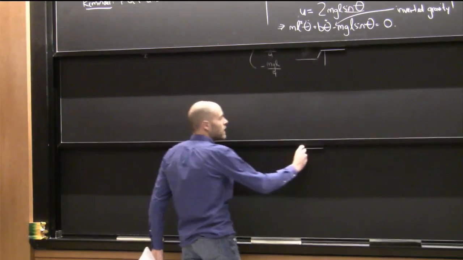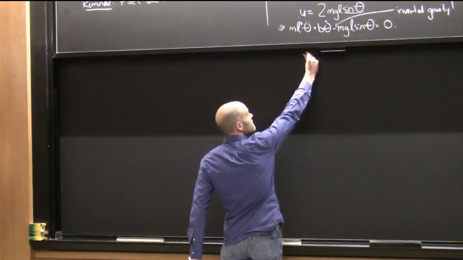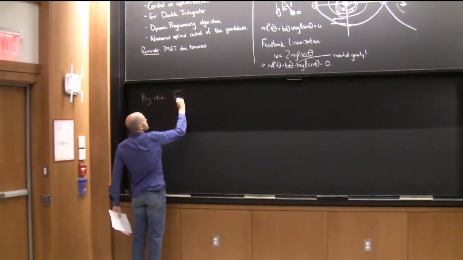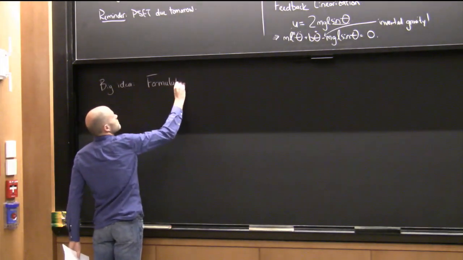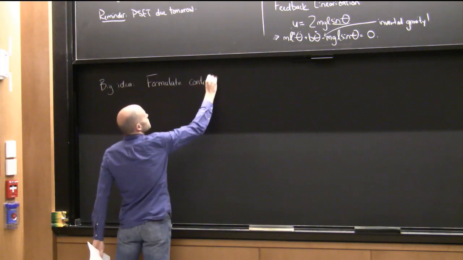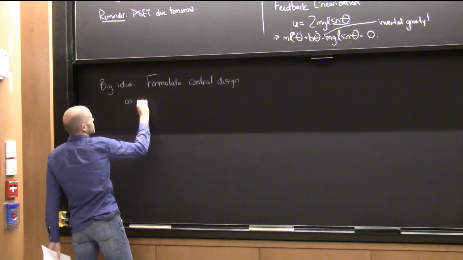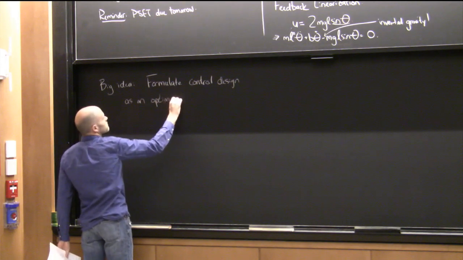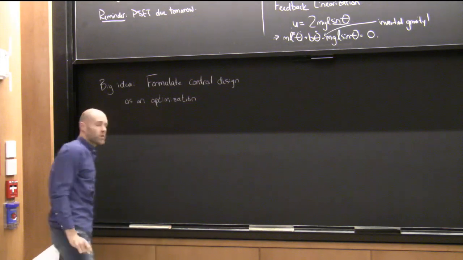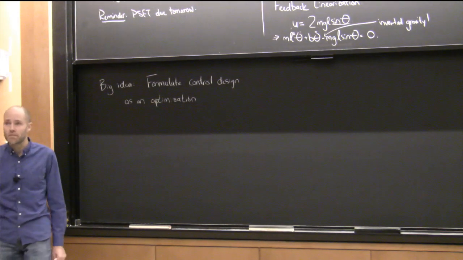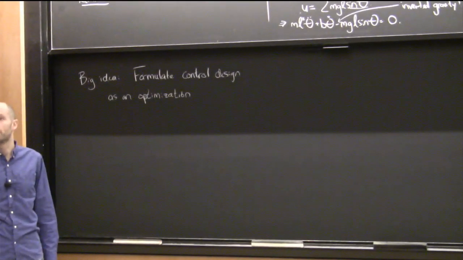More generally, we're just barely starting with the tools of optimization today, and this is an idea that we're going to use over and over throughout the class with increasingly sophisticated tools for optimization in order to scale to more complicated problems.